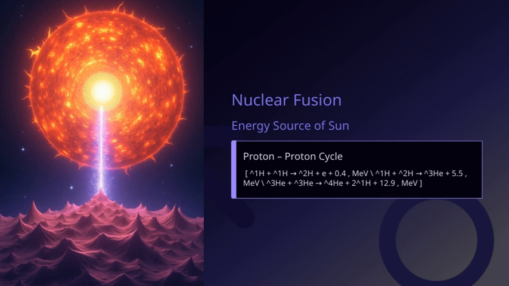This entire process is what we call nuclear fusion, and it's the fundamental mechanism that converts hydrogen into helium, releasing vast amounts of energy. This energy radiates outward, ultimately reaching us as sunlight. So, understanding this cycle helps us grasp how stars generate the energy that sustains life on Earth. It's a perfect example of how nuclear physics connects to the bigger picture of our universe.